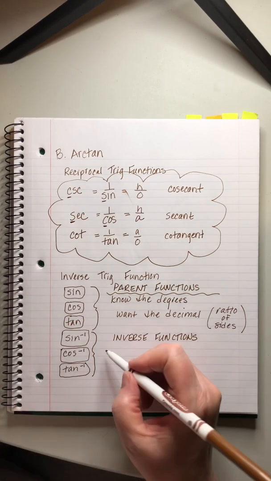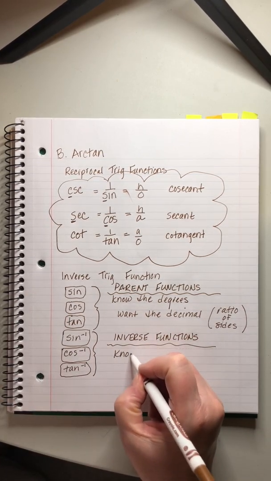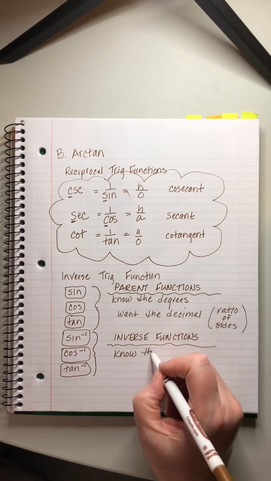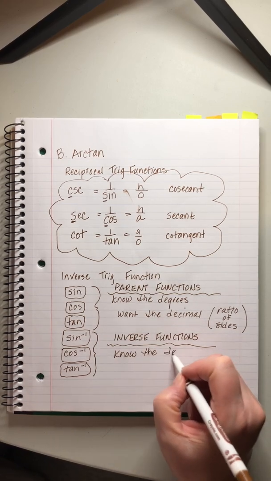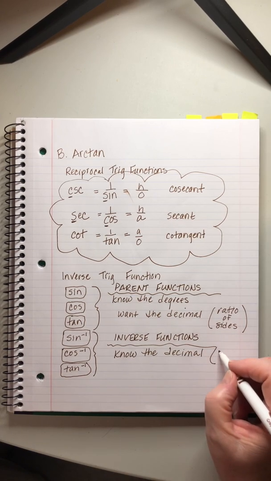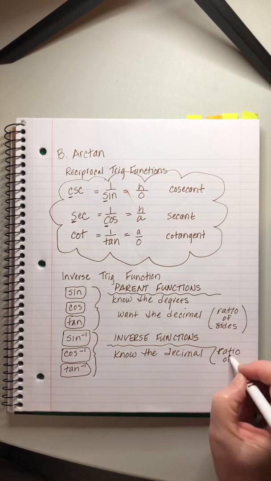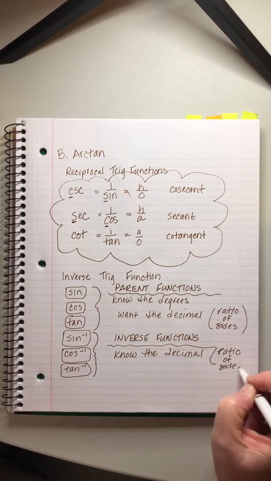And then the inverse functions are what we use when we know the decimal, or again, the ratio of the sides.